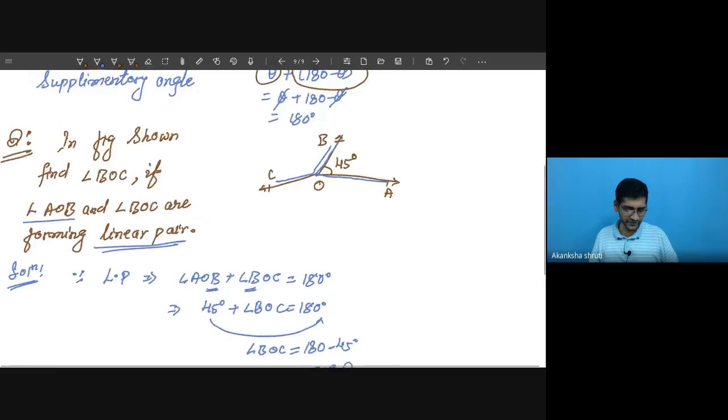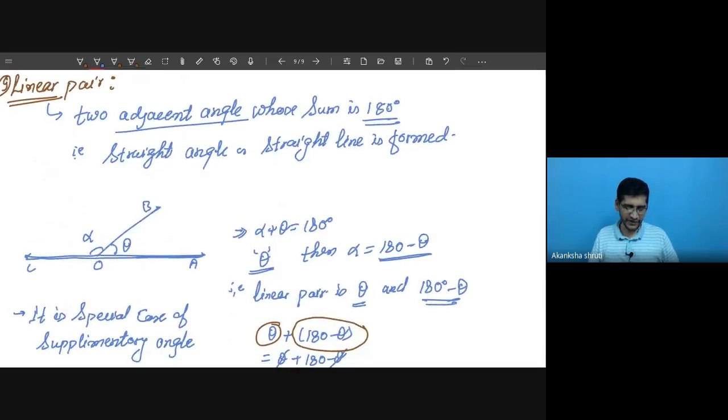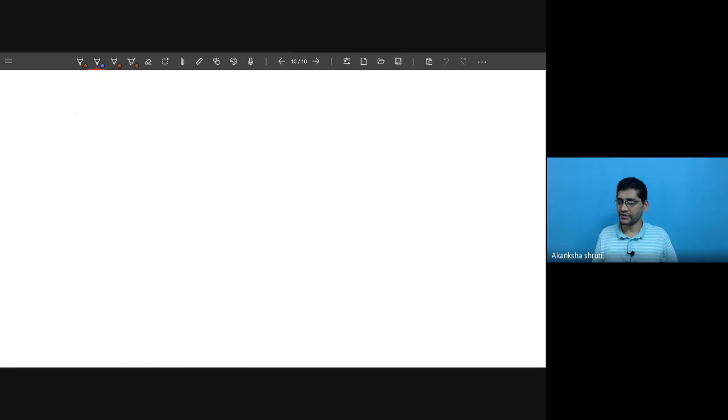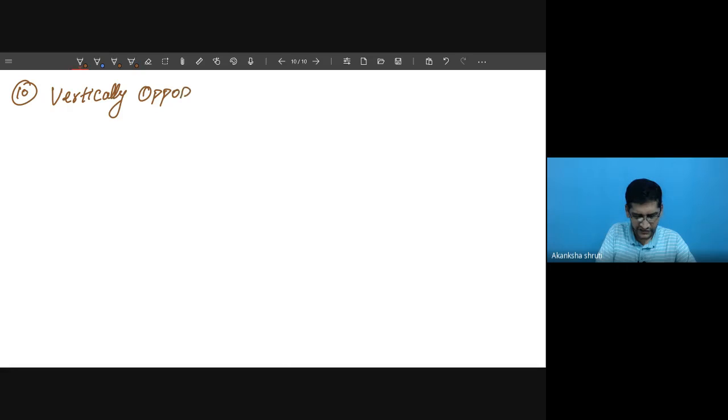Okay, students? So this was about the linear pair. Now let me go to the other kind of angle called vertically opposite angle. So students, write that. Vertically opposite angle.